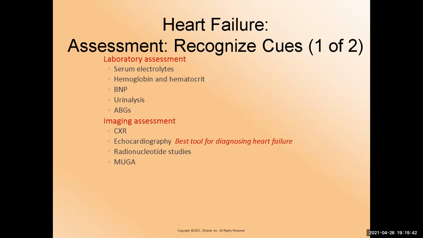This is used for diagnosing heart failure, in particular diastolic heart failure, and in particular with patients with acute dyspnea, difficulty breathing. So this is the body's response to the decreased cardiac output from either side, left or right.